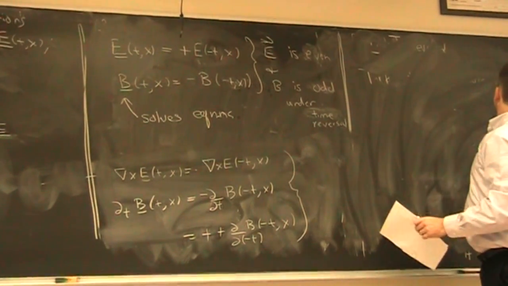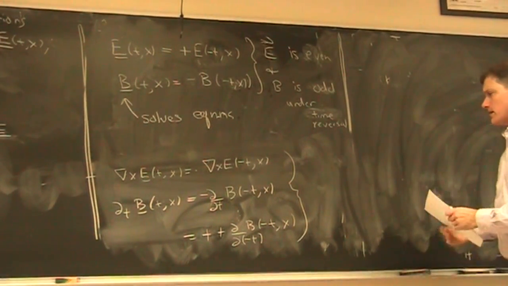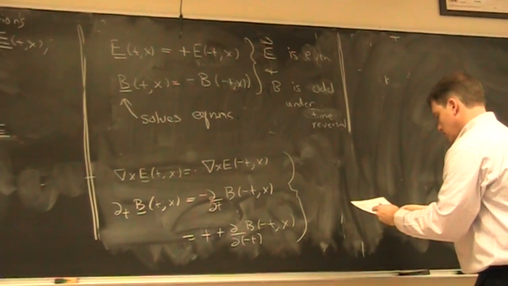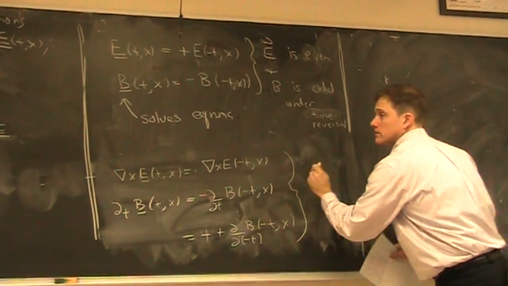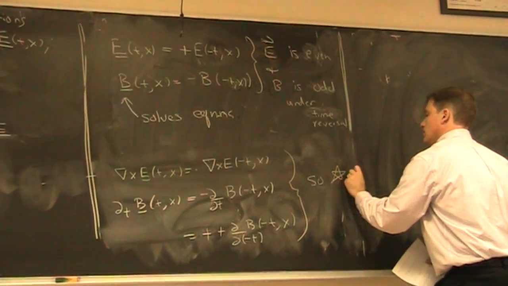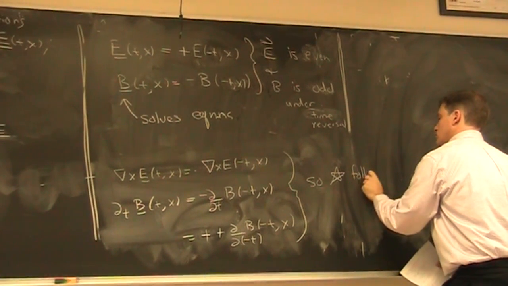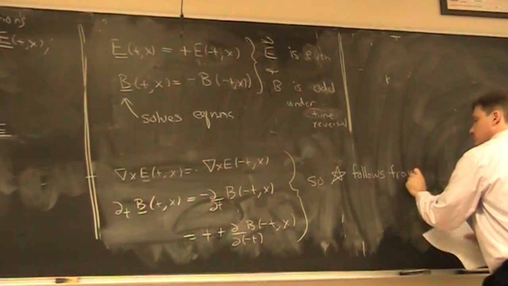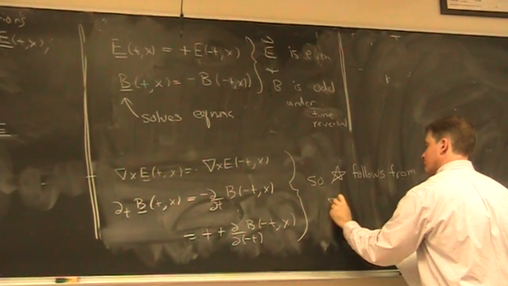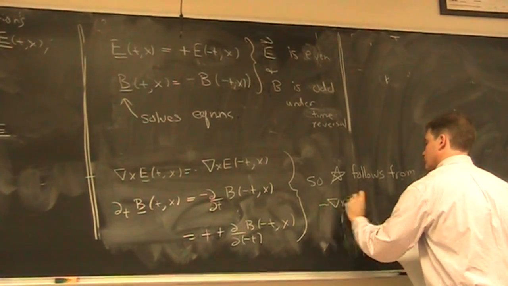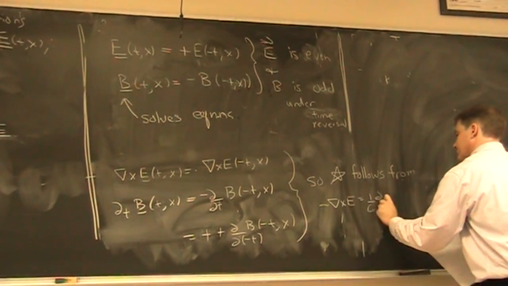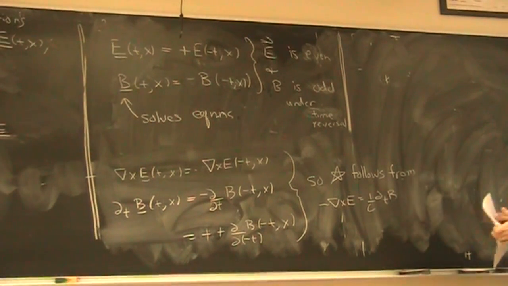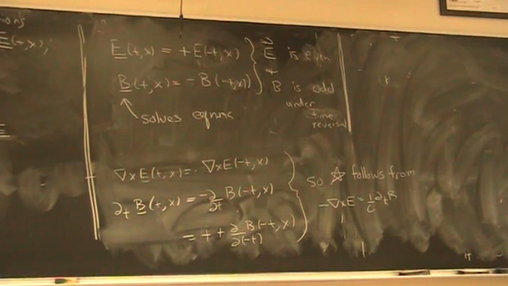So you're left with the statement that this is even. So this equation holds. Again, t is just the parameter. Let's replace t with minus t. And that's it.